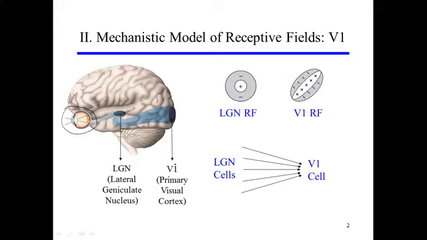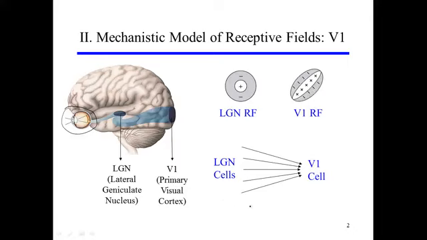And as we know, in V1 we have receptive fields that are elongated and look something like this, whereas in the lateral geniculate nucleus, or LGN, we have receptive fields that are basically center-surround, similar to what you find in the retina. And the question that we're asking is, how do we go from the center-surround receptive fields to these elongated receptive fields? And the clue to this conundrum comes from the anatomy.